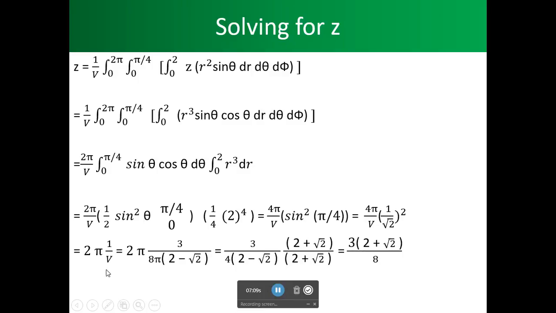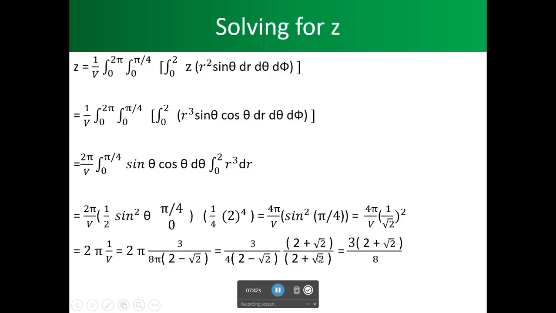We know what V is, and we take the inverse of V, which gives us 2 pi times 3 times 8 divided by 8 pi times the quantity 2 minus the square root of 2. Our pi's will cancel, and with the 2 and the 8 we're left with 4 on the bottom.